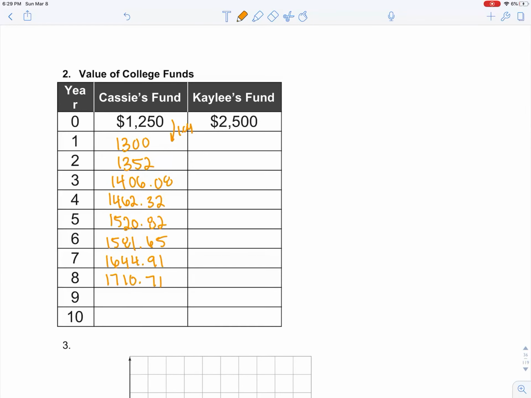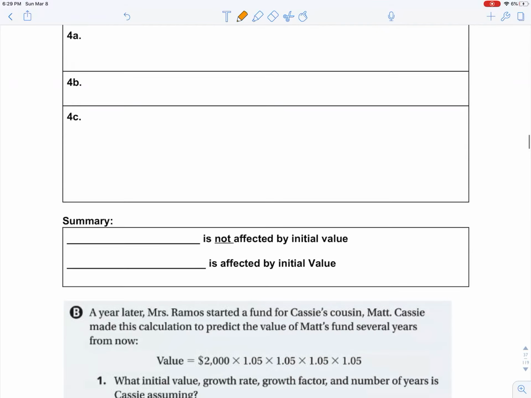Watching college funds grow and grow. Almost there, almost done for Cassie. 1,779.14. So after 10 years, Cassie ends at around 1,850.31.